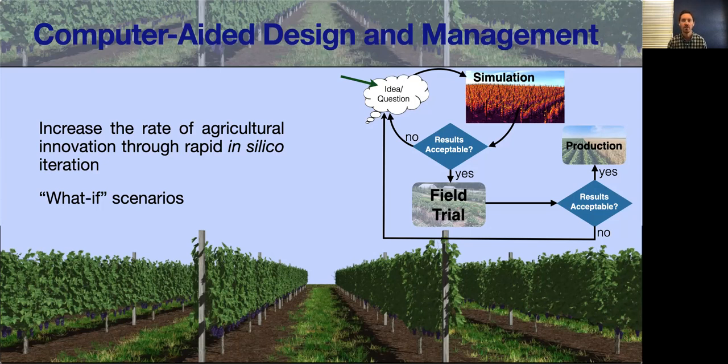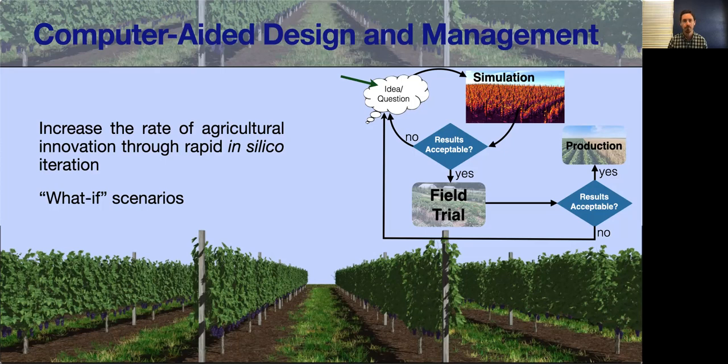So just like in engineering design, having essentially the analog of a 3D CAD model for agricultural systems that can allow us to quickly iterate across different designs in an in silico environment can help to really speed up the innovation process in general.